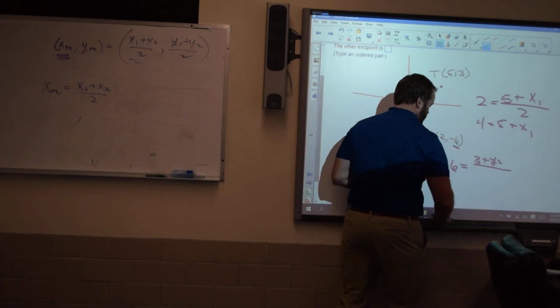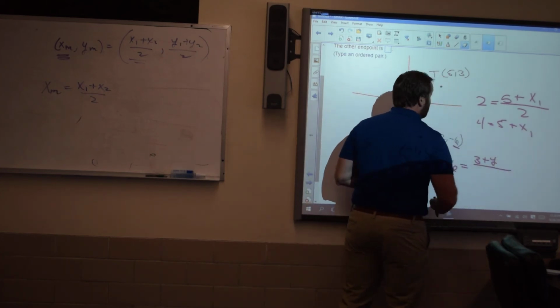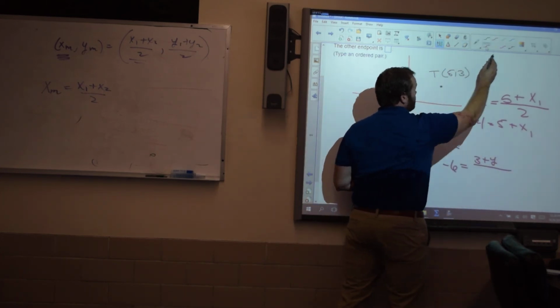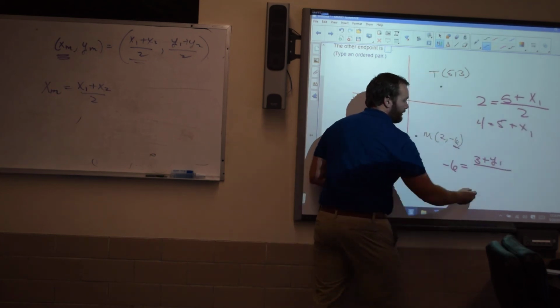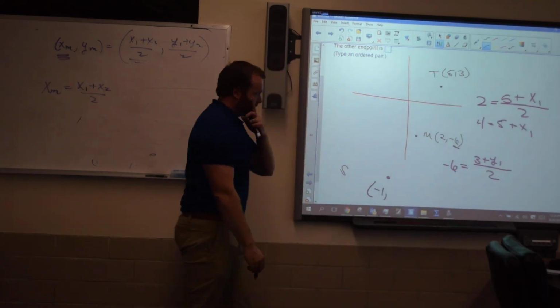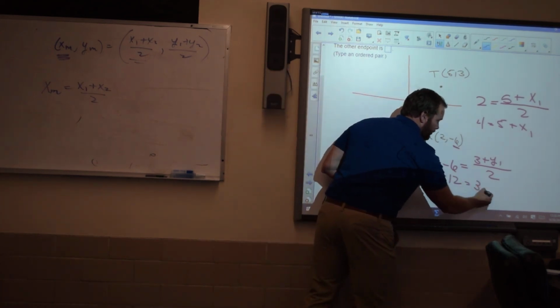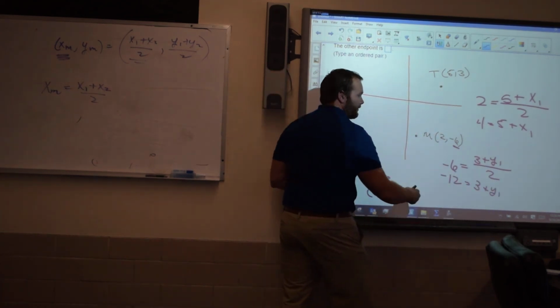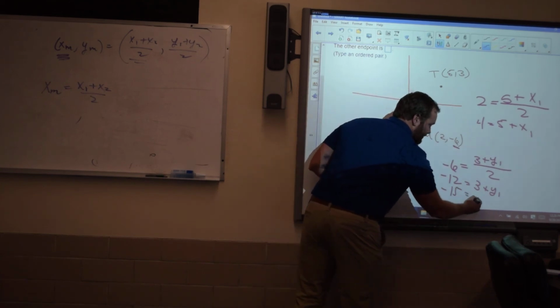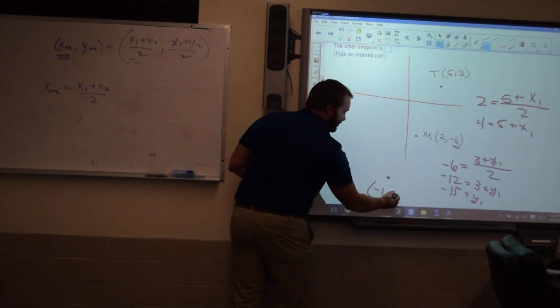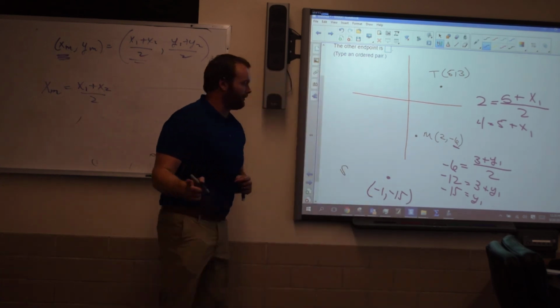Maybe I should call that y2 just because we used x1 here. Then I put a 2 in the bottom. Multiply both sides by 2, I get negative 12 equals 3 plus y2. Subtract 3 from both sides, I get negative 15 is equal to y2. So this point is located at negative 1, negative 15.